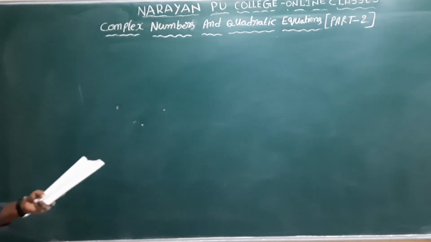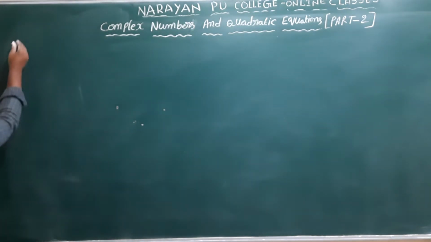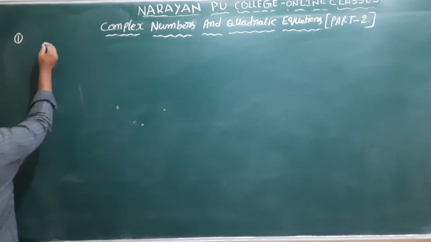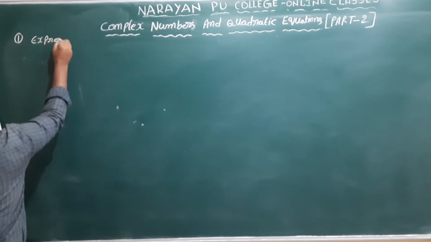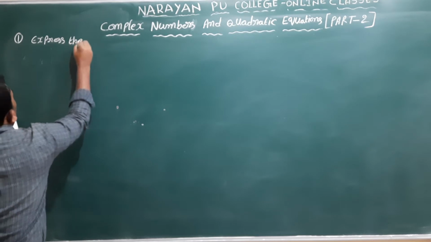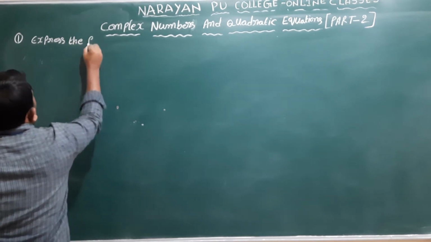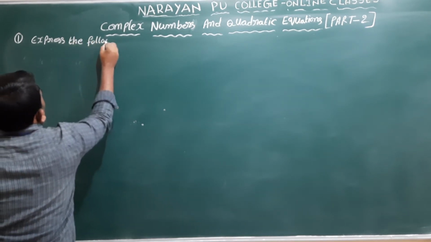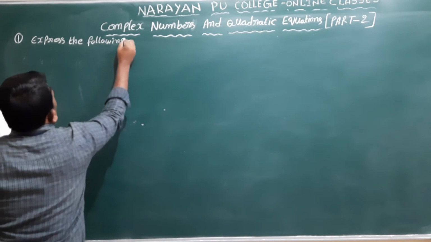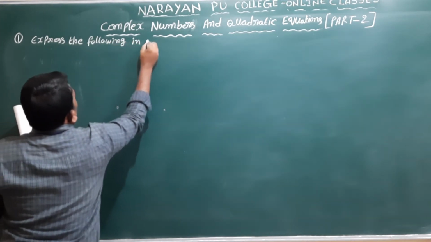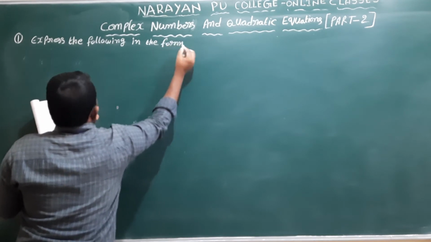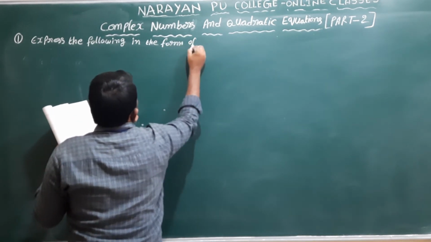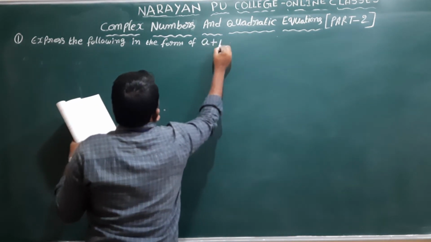Based on these concepts, we will do some examples. First example: express the following in the form of a plus ib, otherwise x plus iy.